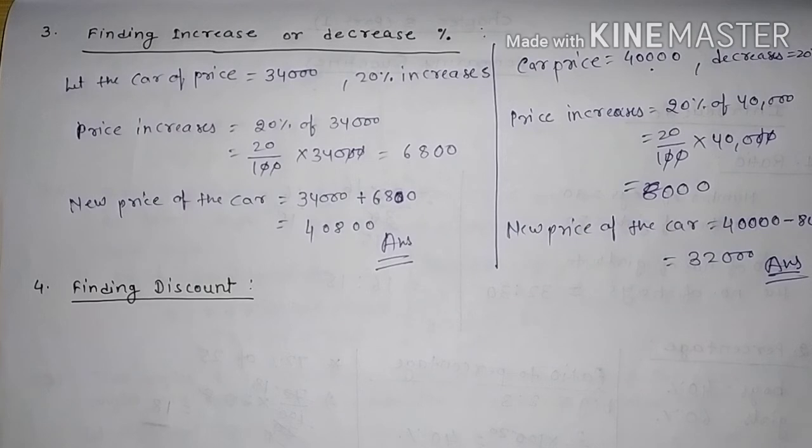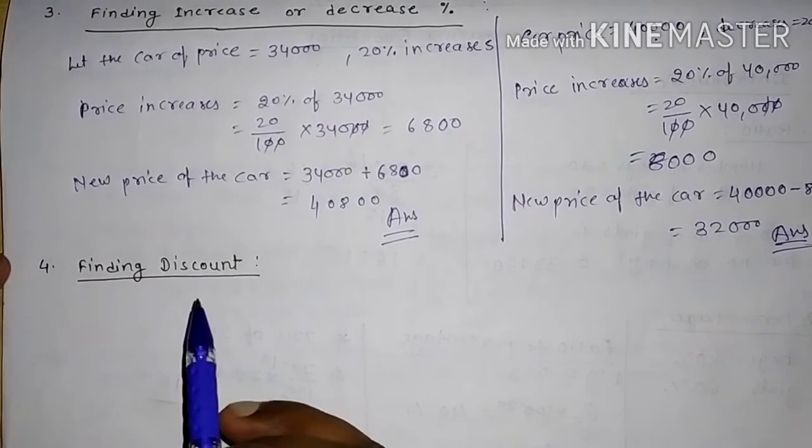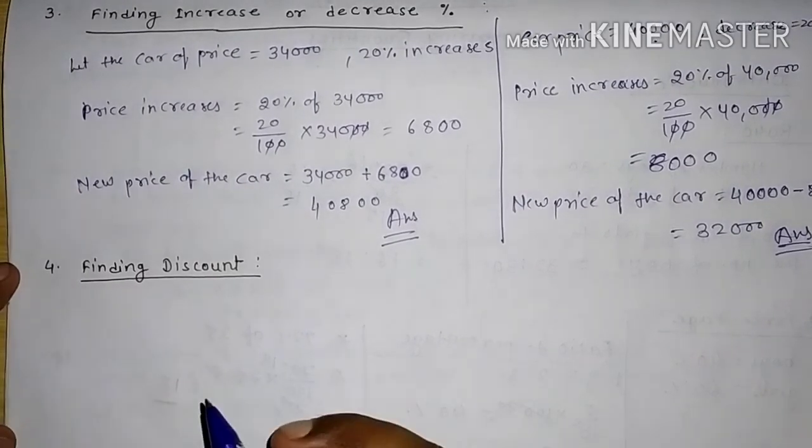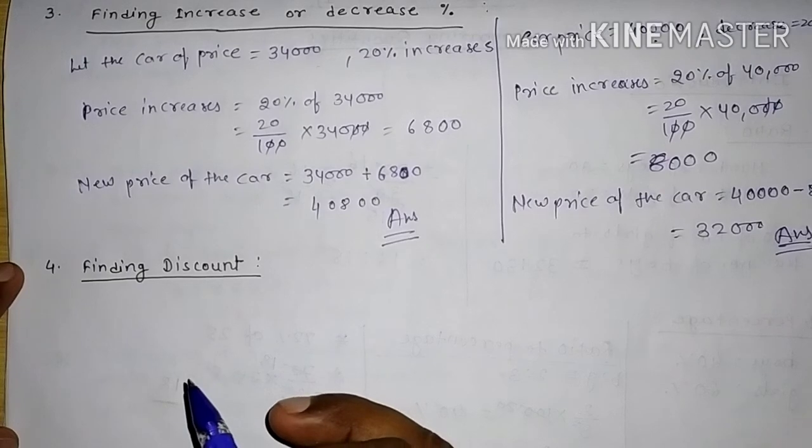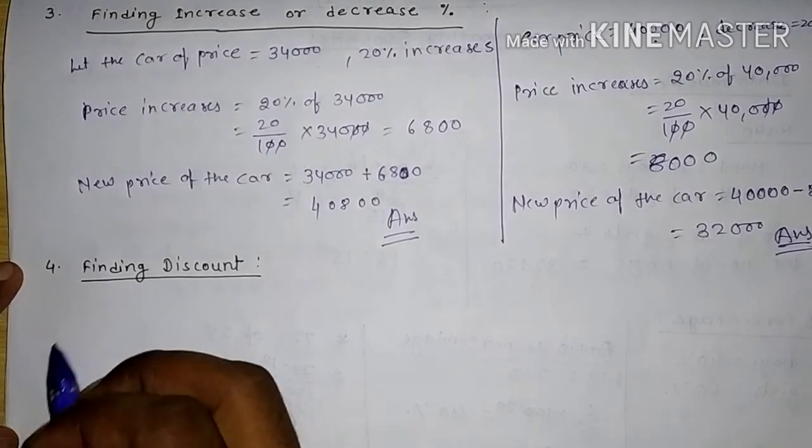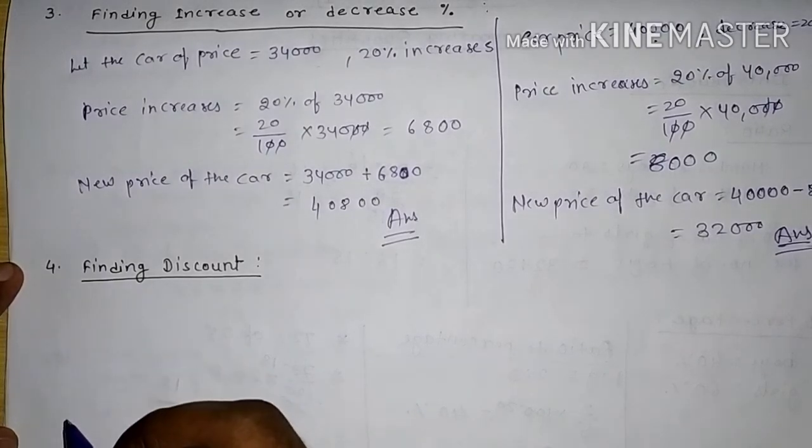Now the next topic, that is finding discount. How can we find the discount? Let's suppose a person is going to buy a dress.